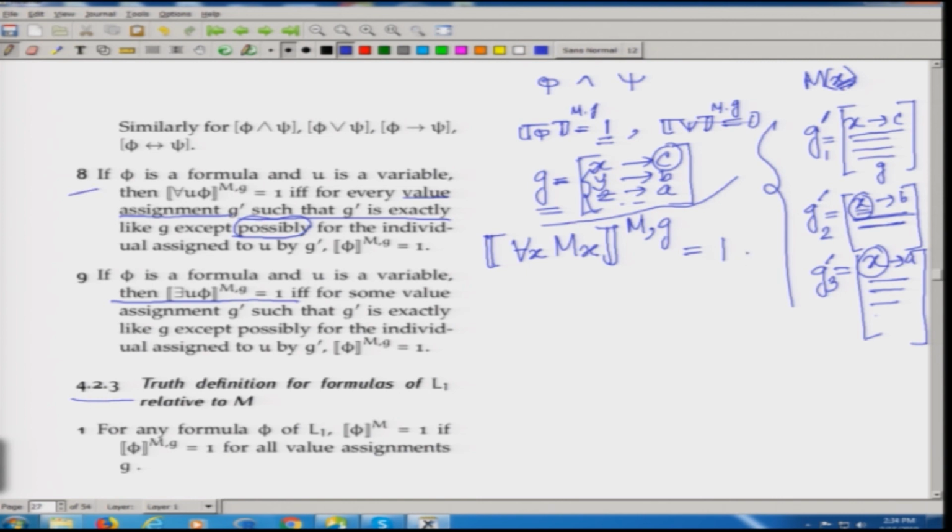It is 1 if and only if for every value assignment g prime. There are 3 value assignments g prime. Every value assignment g prime such that g prime is exactly like g except possibly for the individual assigned to u by g prime, the denotation of phi with respect to m and g prime is 1.